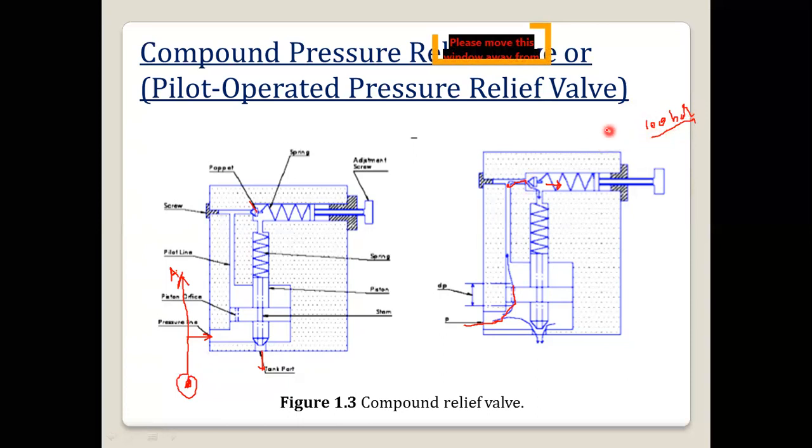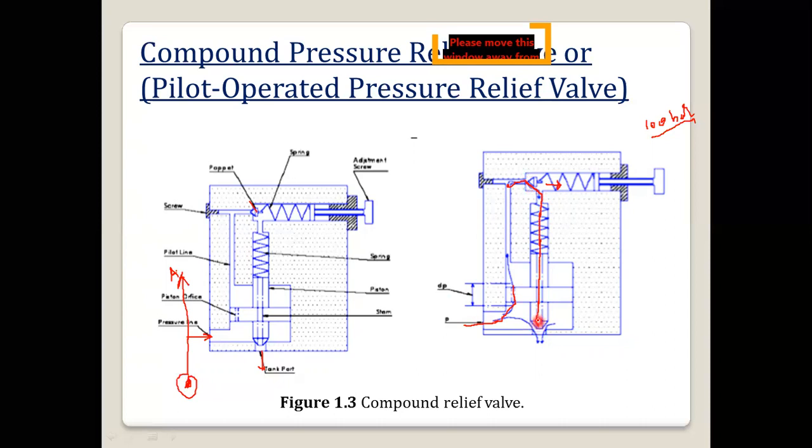If the pressure is below 100 bar, then the oil will go directly from the pump to the actuator. If the pressure reaches 100 bar, what will happen? The pressure will go here, and the poppet will come to the right side. That means the poppet will open, then the oil will come to this part, the spring, and then to this piston.